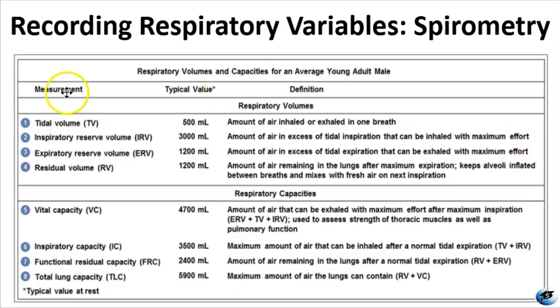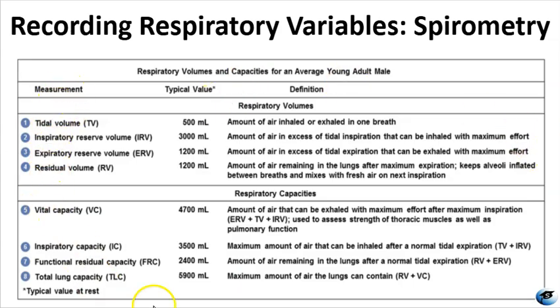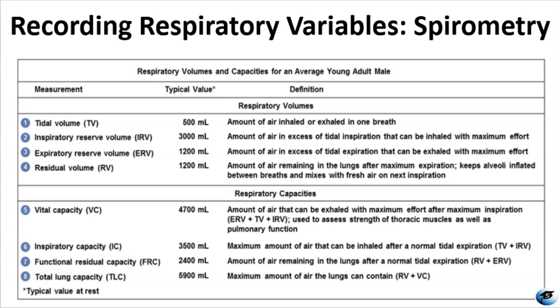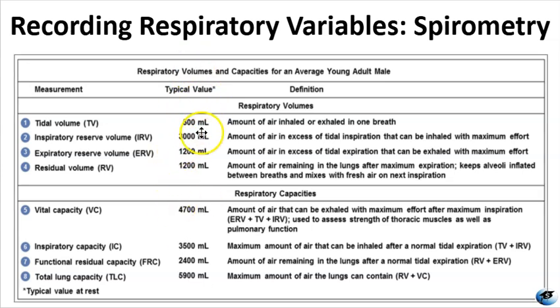So first, under measurement, we have each lung volume or capacity by its name, like total volume, inspiratory reserve, etc. The typical value here is a reference number based on an average adult male. These values vary based on age, sex, body size, and physical conditioning, but they also serve as a helpful baseline.